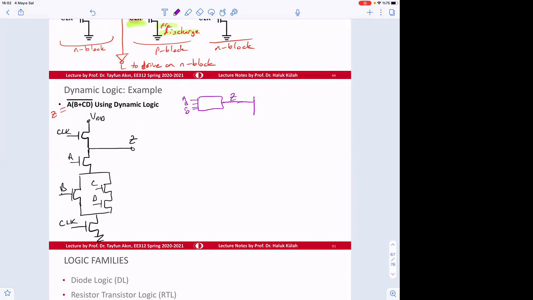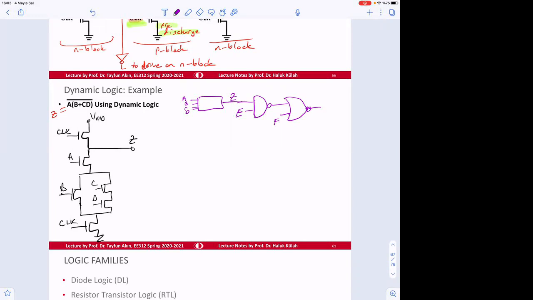Let's put this into an AND gate with E. And then let's put this with an OR gate, F, okay? Just for fun.